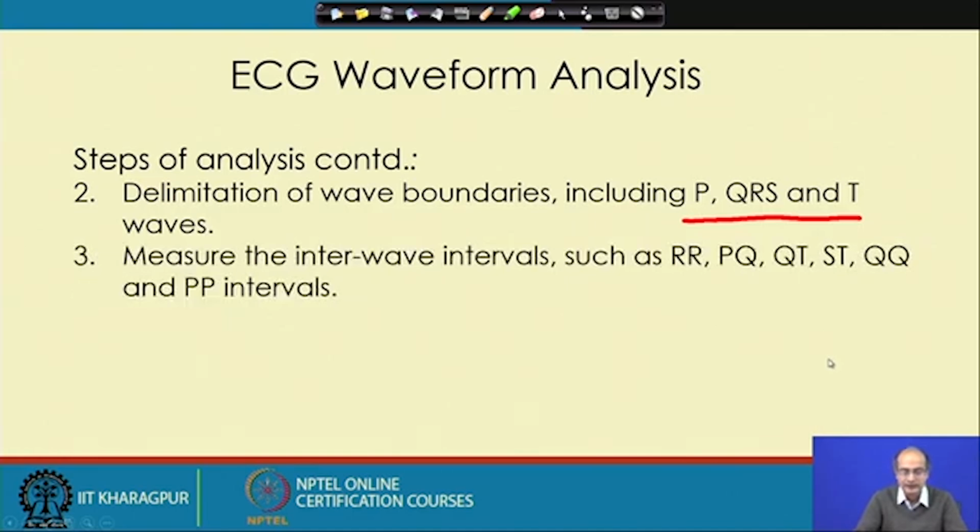Next part is to measure the interwave intervals. Now, all kinds of measurements we can get out of the ECG signal: RR interval, PQ interval, QT interval, ST interval, QQ interval, PP interval.